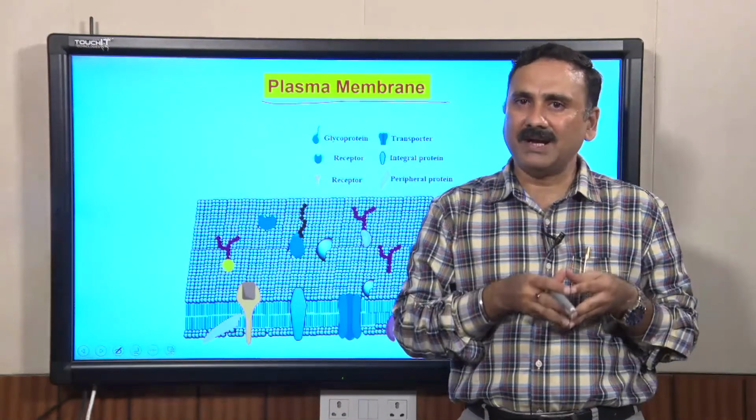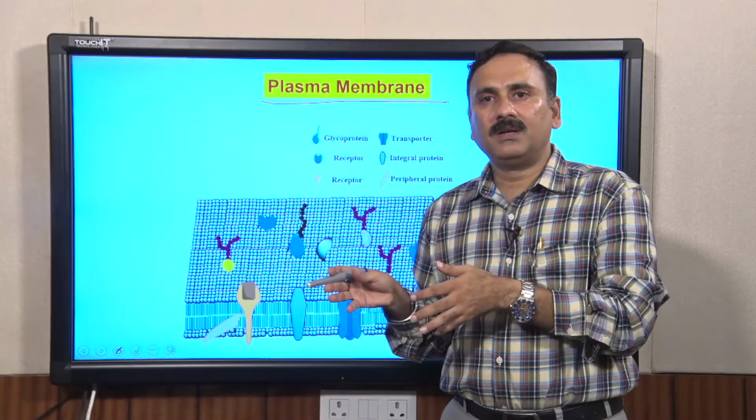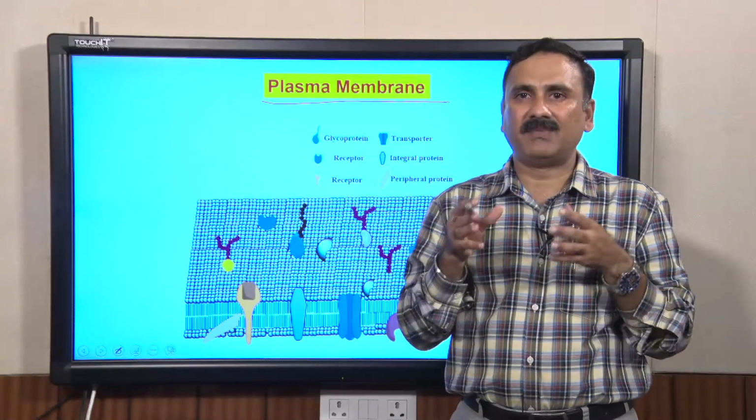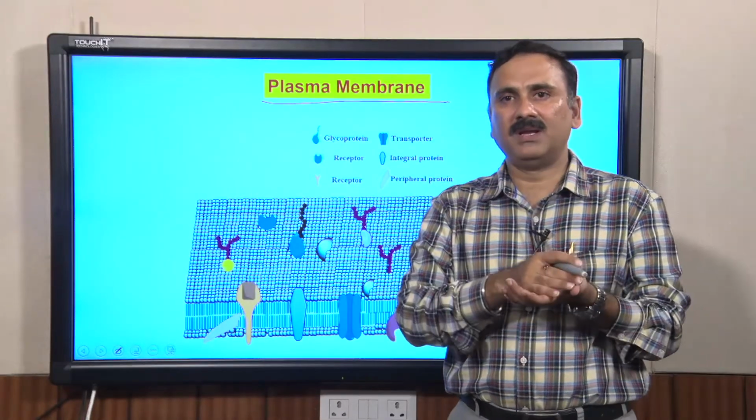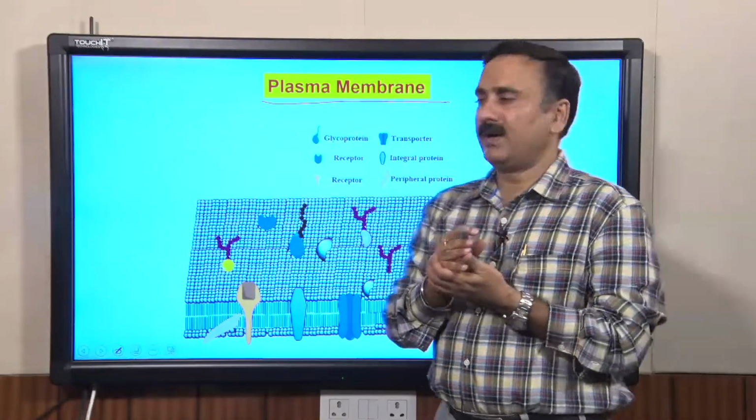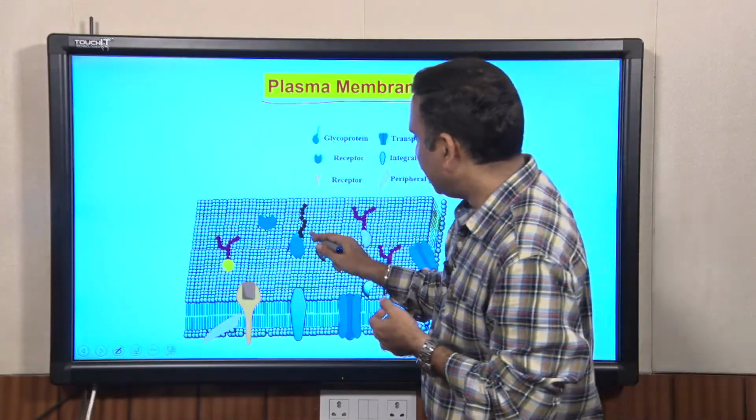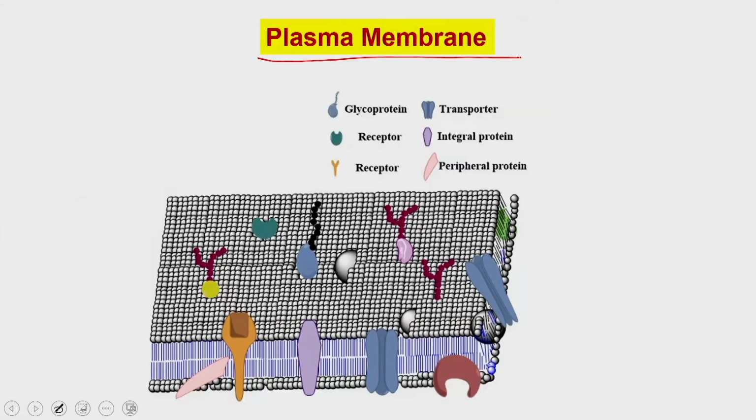One is the lipid bilayer and the other is the proteins which are present within the plasma membrane. The plasma membrane is a bilayer structure where the proteins are integrated. There are multiple types of proteins: the proteins which run all through the plasma membrane, or the proteins which are present either on the top layer or the bottom layer. The plasma membrane contains different types of receptors.